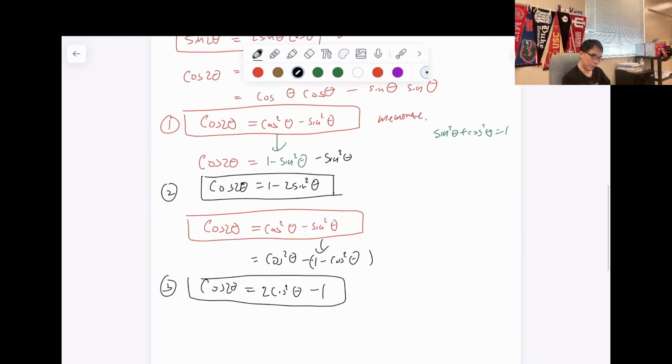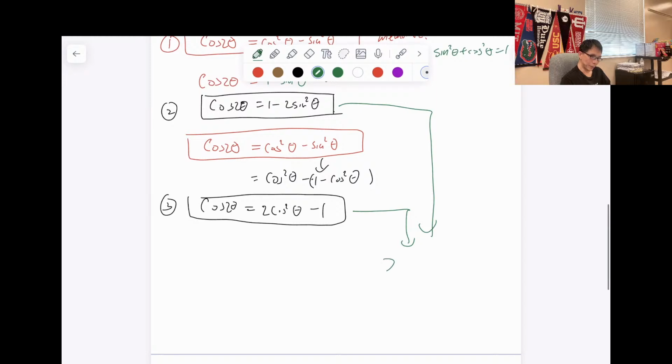Now I'm going to talk about power reducing. This leads to power reducing. Power reducing basically just says, is there any way I can represent a second degree function as a first degree function? Usually that's impossible a lot of the time, but for trig, you can.